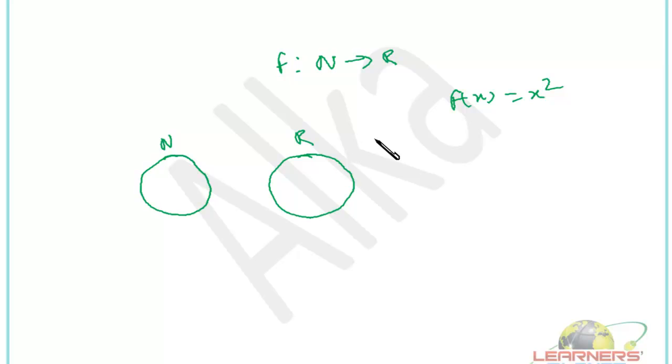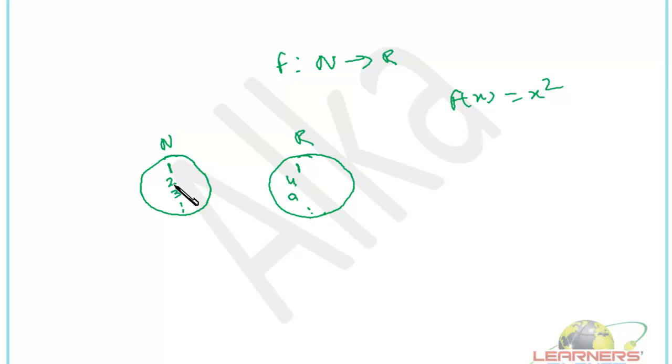Now, what is happening here? What will be the image of 1, 2, 3? Image of 1 will be 1, image of 2 will be 4, image of 3 will be 9, and similarly the series will go on. Now, whether it is a function or not, that we have to check. So, every element of set N has an image in set R, right?